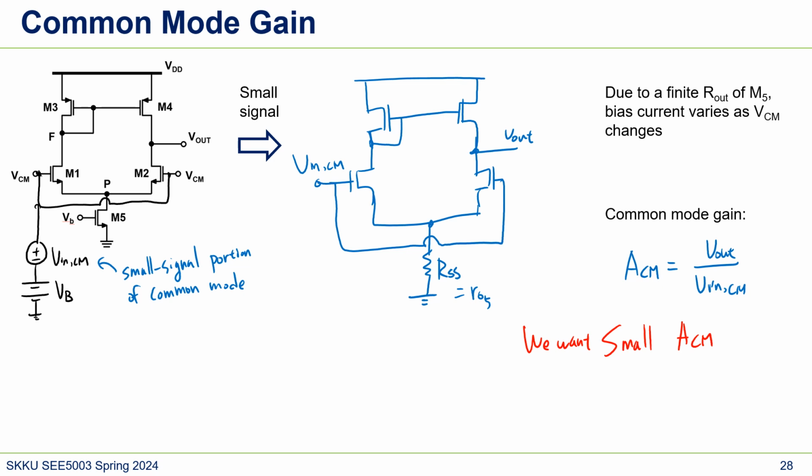Because we don't want our output to change because of our common mode, because that's not the input. Our interest is V in differential mode. Okay, we want the circuit only to react to V in differential, not V in CM.